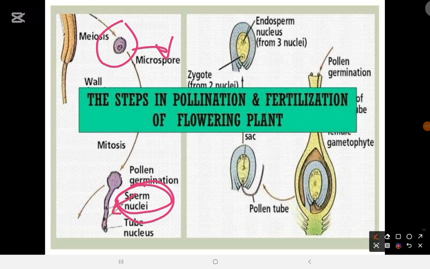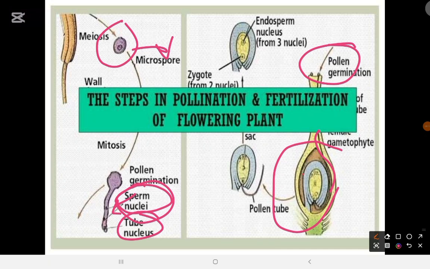And of course, the tube nucleus is the one that leads the pollen tube in germination. Here it also shows the pollen germination into the pollen tube, and this structure is the female gametophyte.